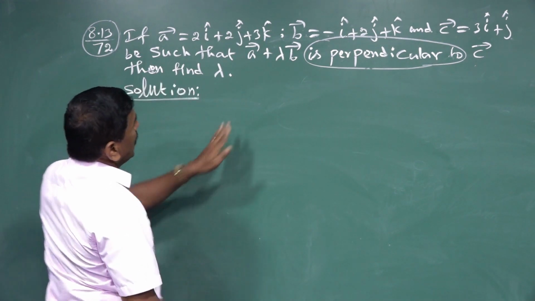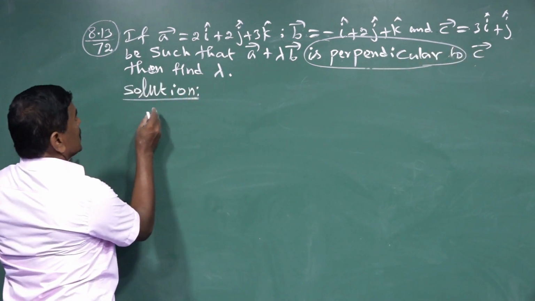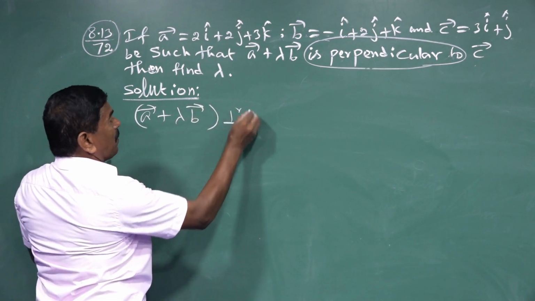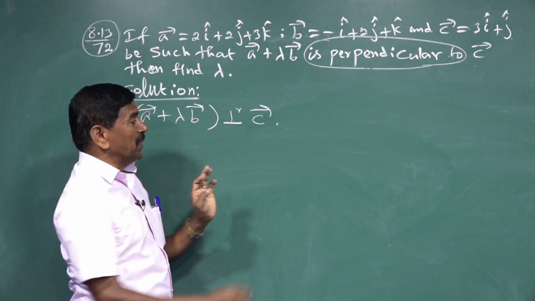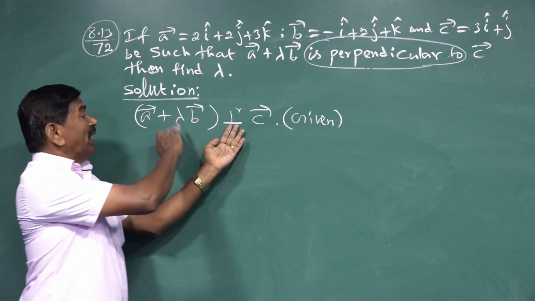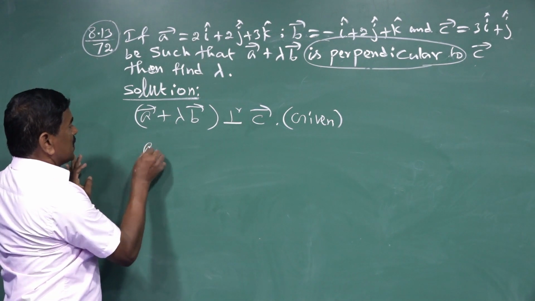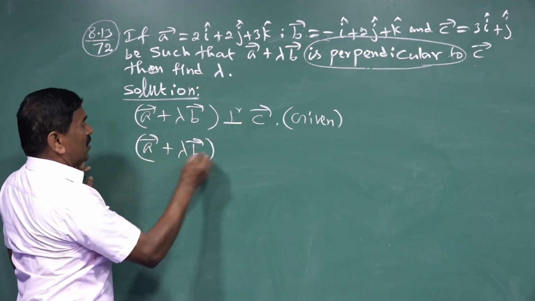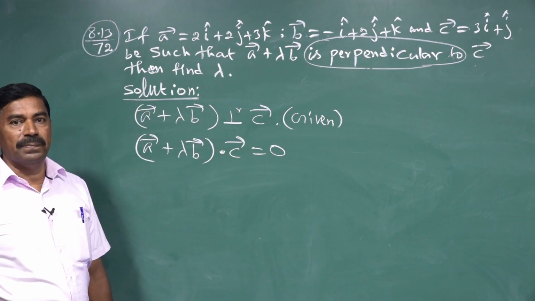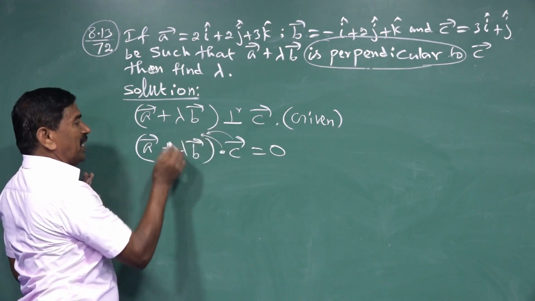Here, a vector plus lambda into b vector is perpendicular to c vector, which is the given information. Now, if the two vectors are perpendicular, then what is the result? It's dot product equal to 0. That is, (a vector plus lambda into b vector) dot c vector is equal to 0. Now second step, it is very simple. The c vector and the dot multiply inside the bracket.